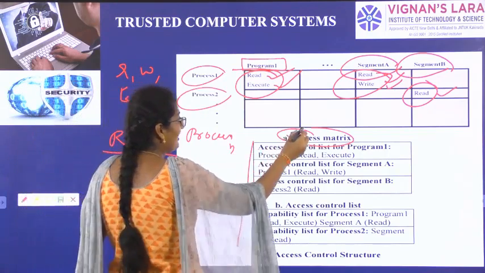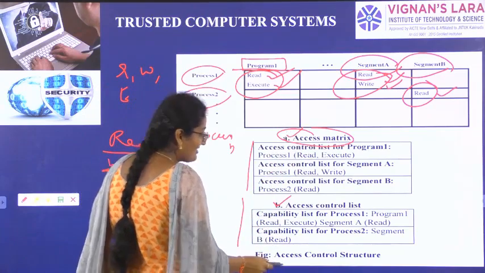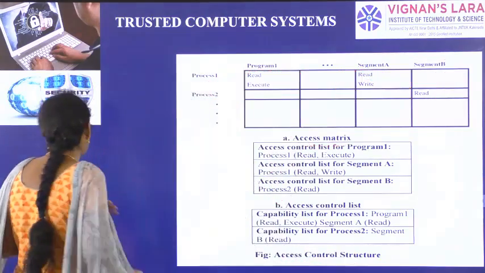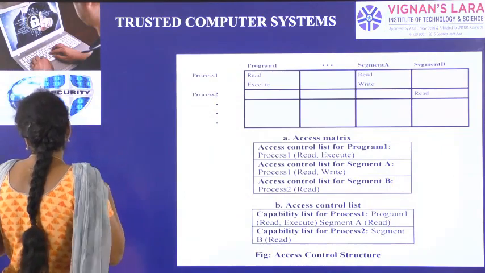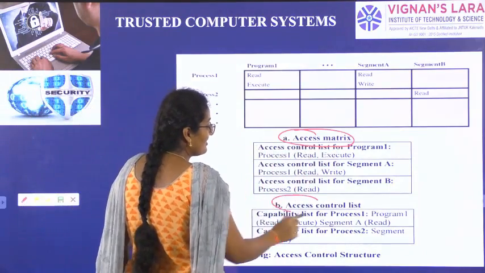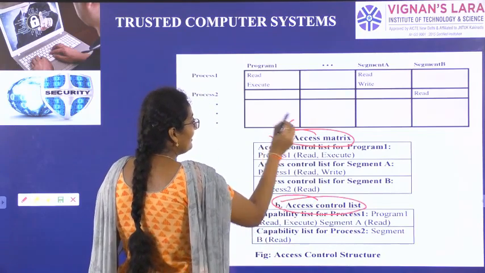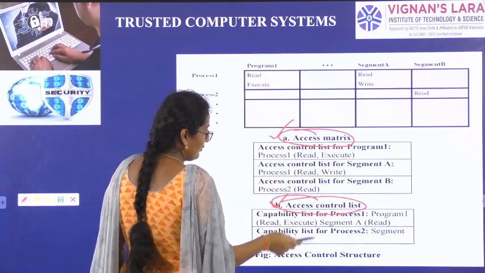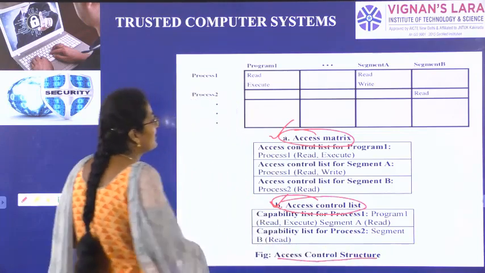The access matrix and access control list together are called the access control structure. First one is the access matrix, second one is the access control list.